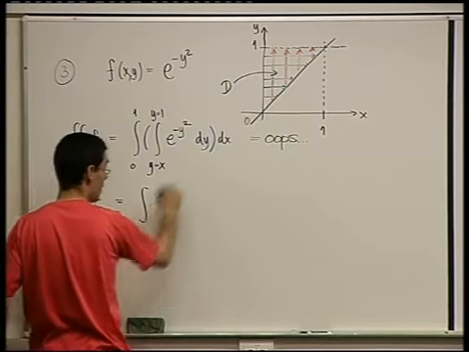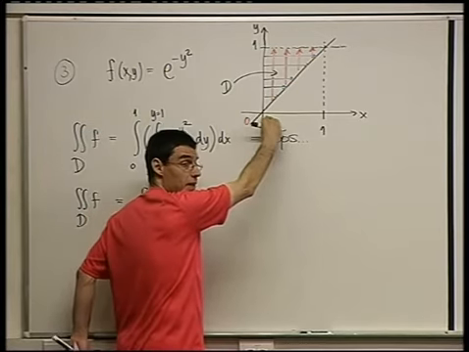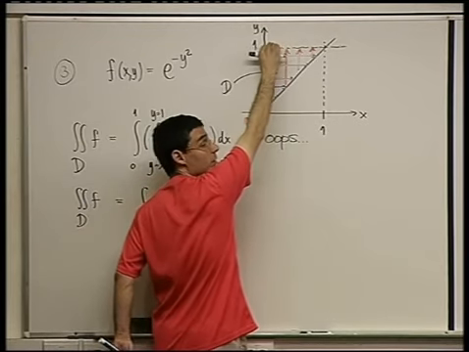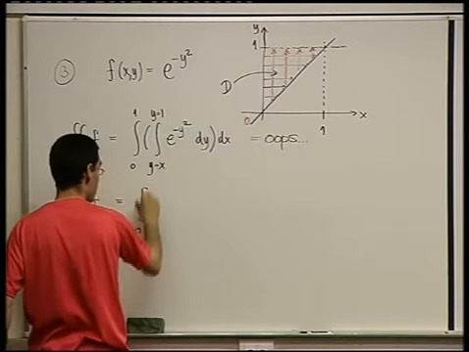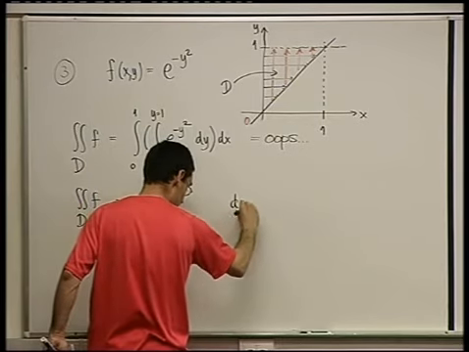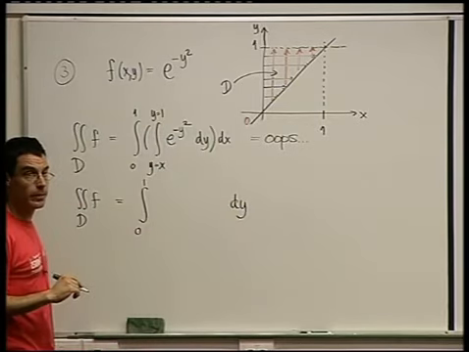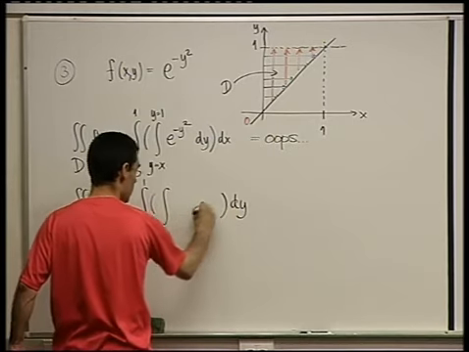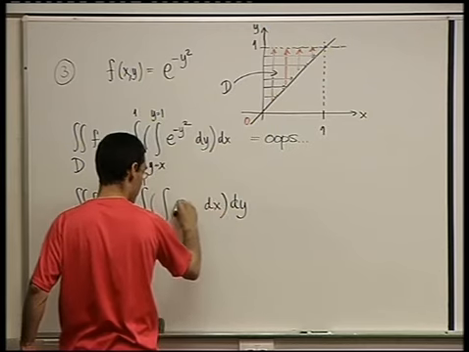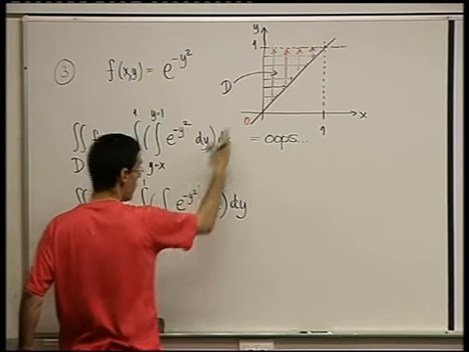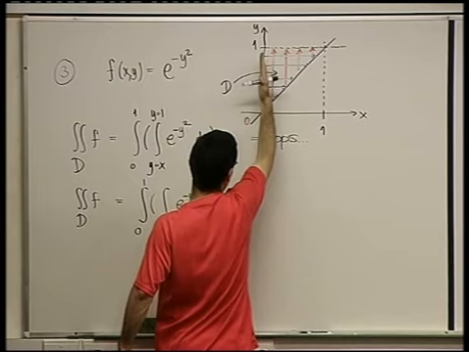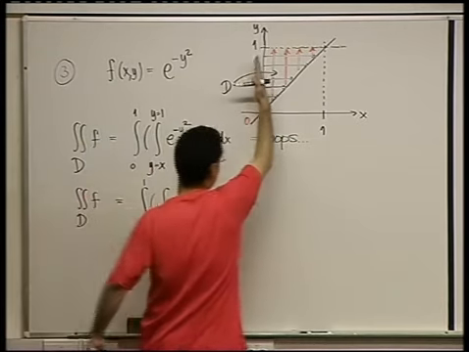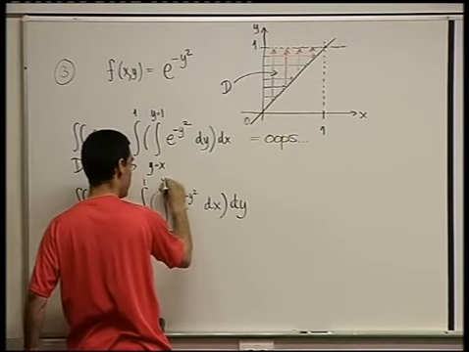the integral from 0, look up here a second, the integral from 0 to 1, and this time it's the one on the y-axis, dy, that's the outer integral now, of the integral dx of the function, where x ranges between x equals 0 and x equals y.